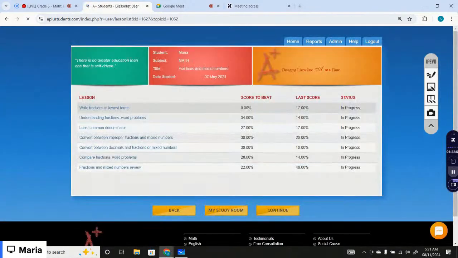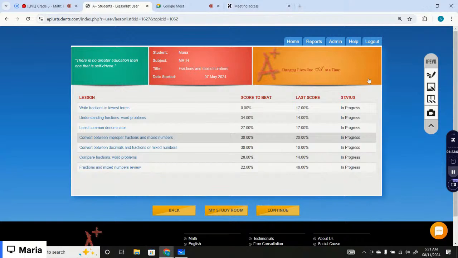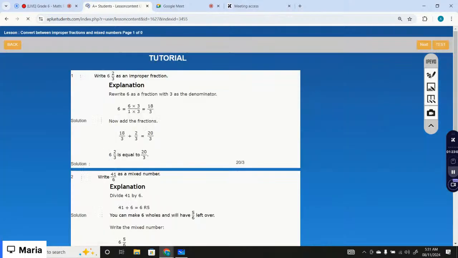And the next lesson is convert between improper fraction and mixed numbers. Write 6 whole 2 by 3 as an improper fraction. So rewrite the 6 as a fraction.